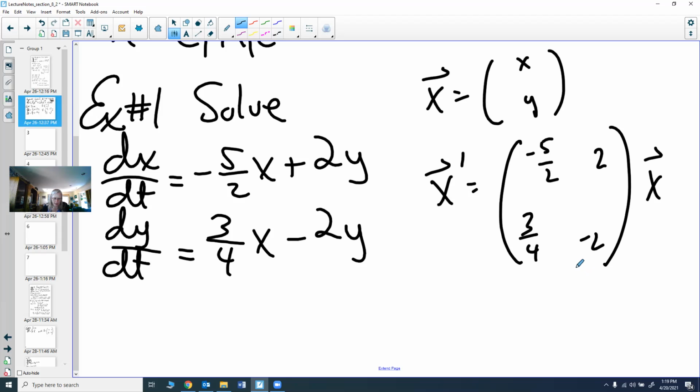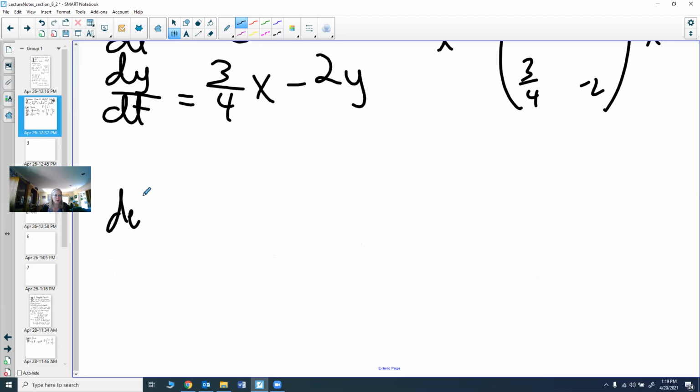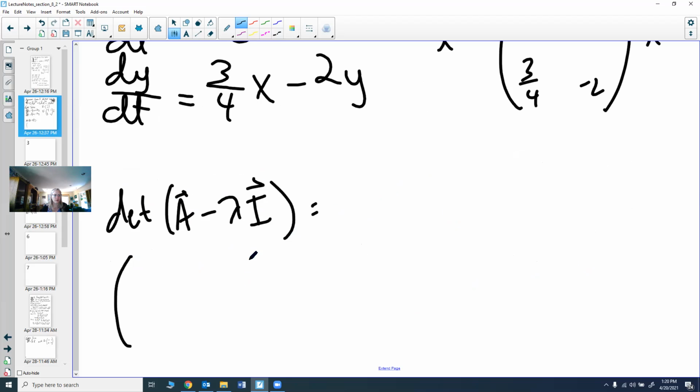All right, so we have that written in that format, and we now can think about what we're going to do. We do want to look at this determinant of A minus lambda I. Remember, I is the matrix that has 1 down the diagonal and 0 everywhere else. So think of this as going to have lambda down the diagonal and 0 everywhere else.